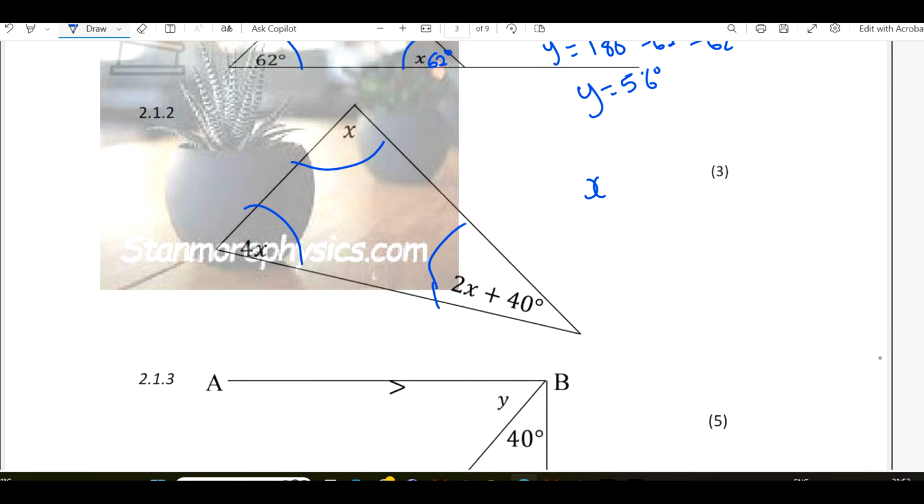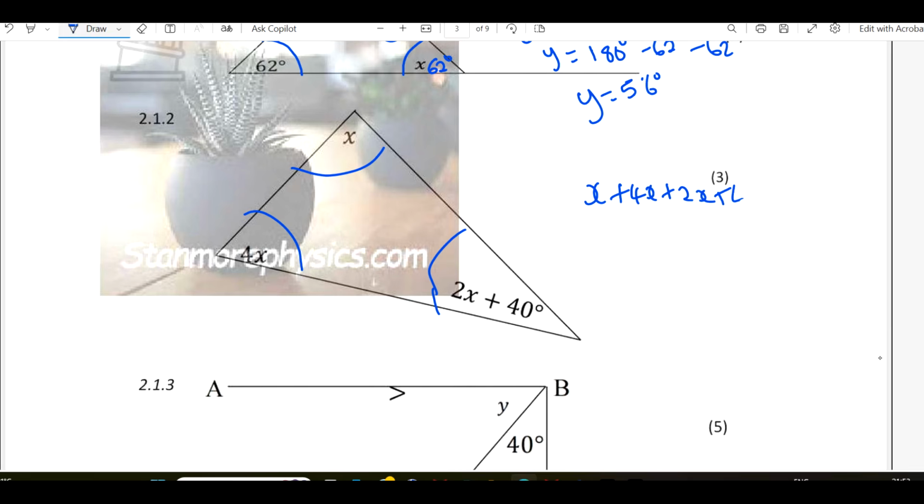So x plus 4x plus 2x plus 40 degrees equals 180 degrees. So we're going to add the like terms, x plus 4x plus 2x. It is 7x. Then I will take this 40 to the other side, it's going to be minus 40 degrees. 7x is going to be 140 degrees. Therefore, I will divide by 7.